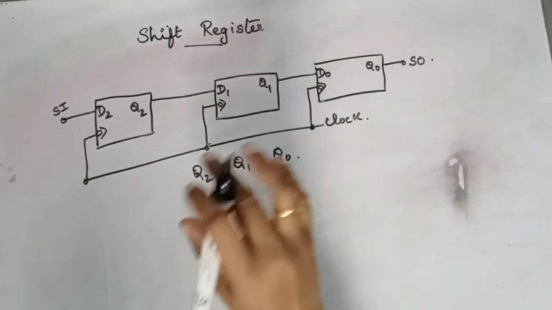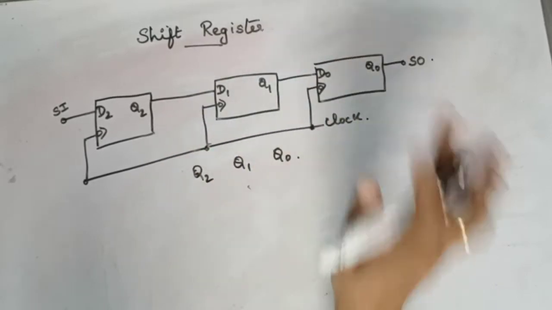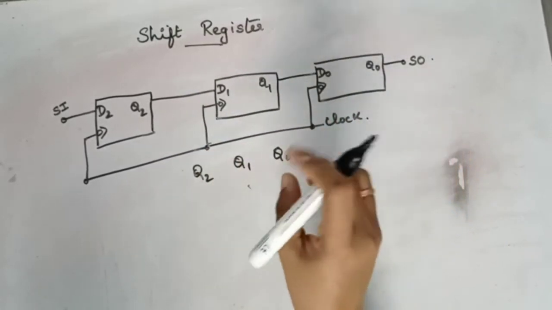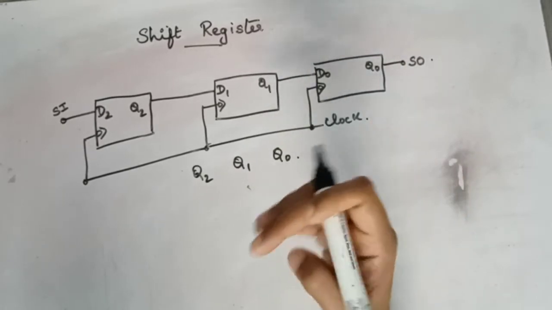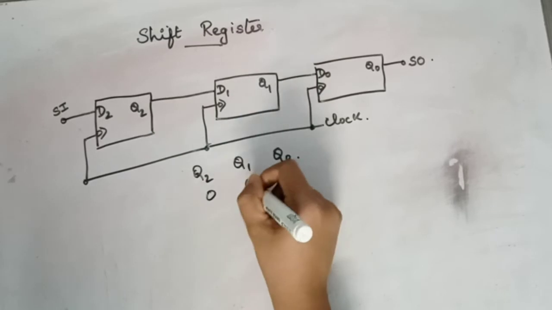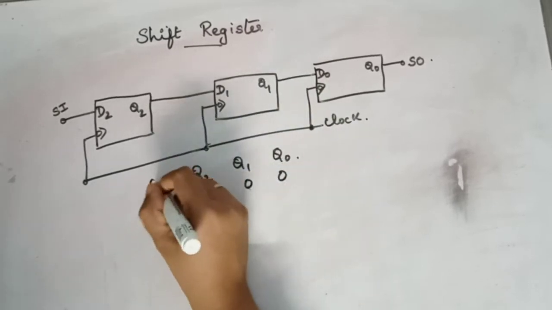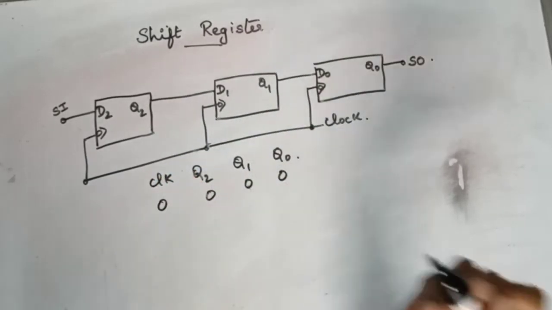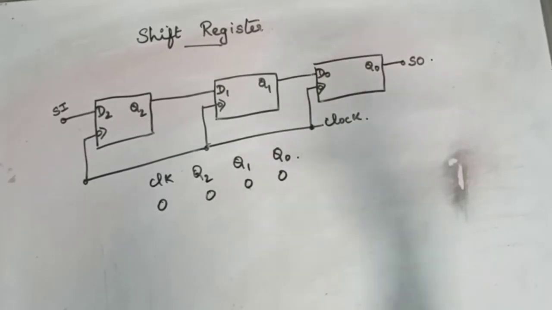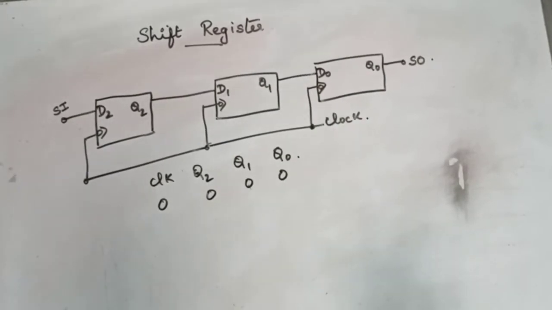So I'll just say that the initial condition is 0, 0, 0, by making all the clear tied to a switch, and that switch will be made equal to 0. So the initial condition will be 0, 0, 0 before I apply any clock. Then only I will give the serial input. As of now I have not given any serial input.